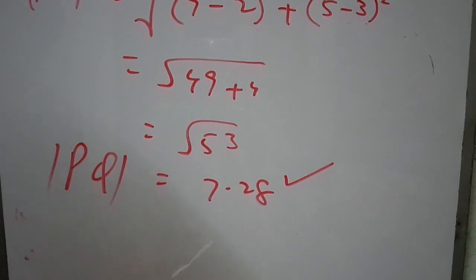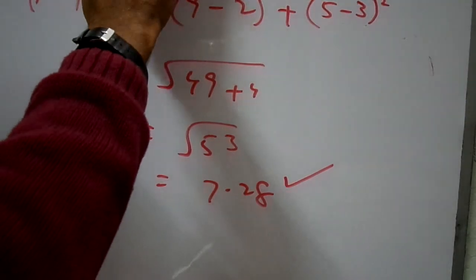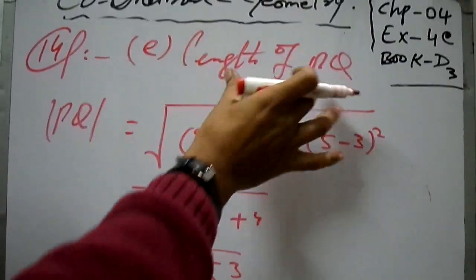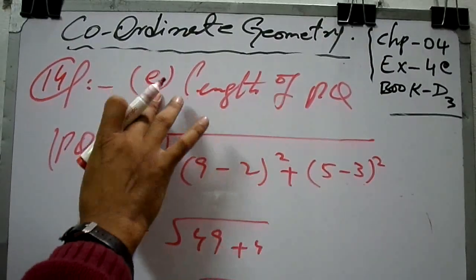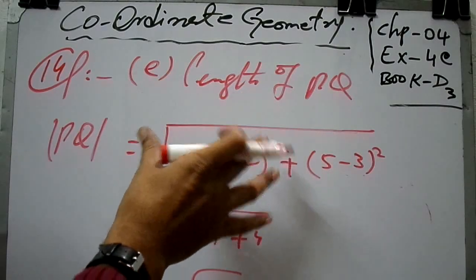So coming to the E part, we have calculated the length of PQ, because in the D part we have calculated the area of triangle PQR.